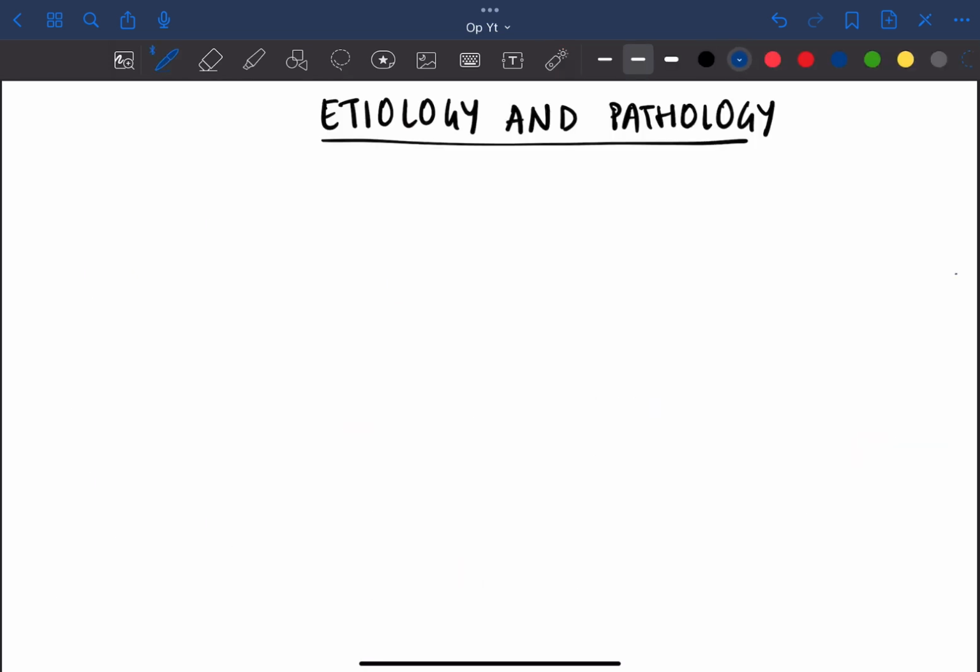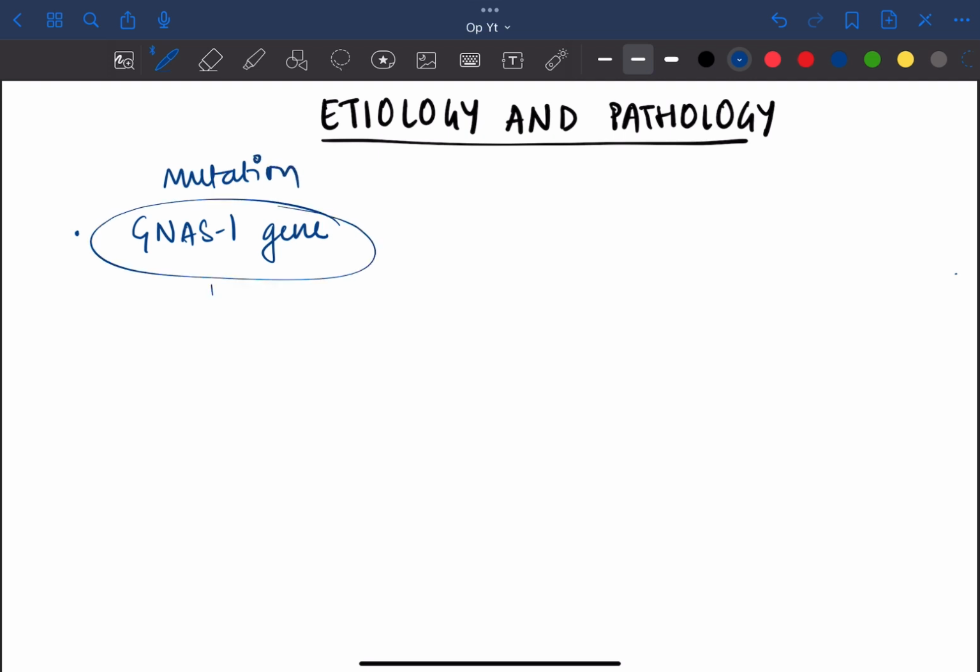Now, etiology. Etiology is a defect occurs in GNAS1 gene. A mutation in this gene causes fibrous dysplasia. As of pathology, so what happens when GNAS1 gene undergoes mutation?